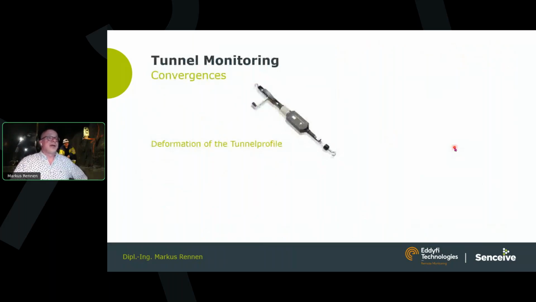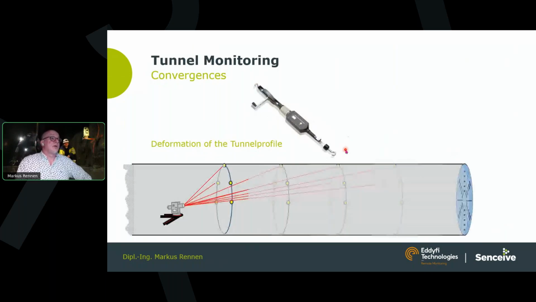convergences were measured, classically measured with this draw wire device. But one method is, for example, geodetic, observing prisms installed there.